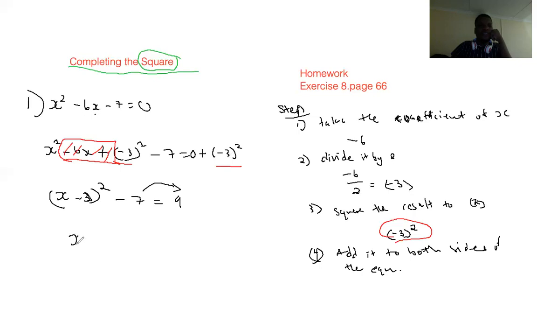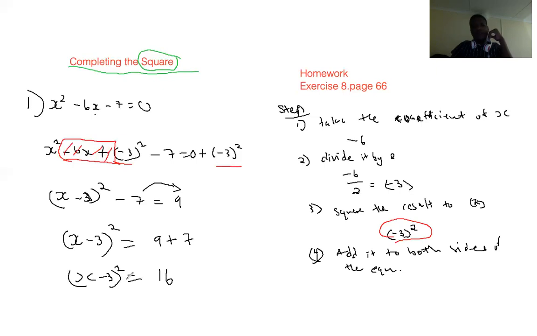So you have x minus 3 squared is equal to 9 plus 7. So you have in the end x minus 3 squared is equal to 9 plus 7, that gives us 16.